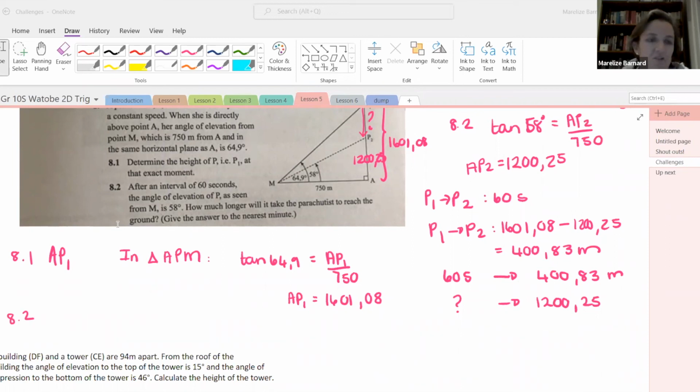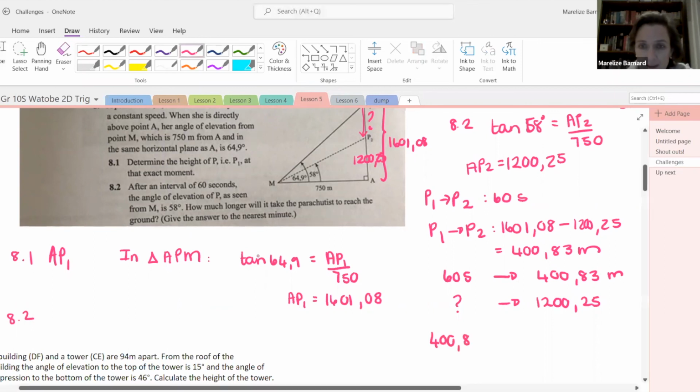Remember, she doesn't travel 1,225 meters in 60 seconds. She travels 400.83 meters in 60 seconds. Okay. So we're not going to divide the 1,225 by 60. We can say the 400.83 divided by 60.